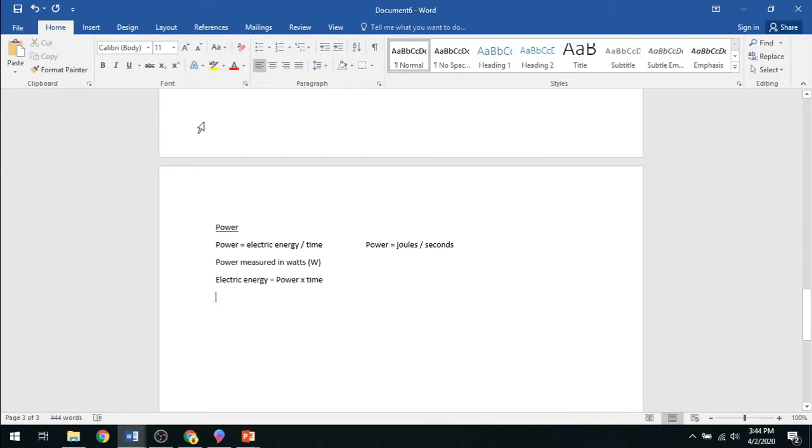Okay, so if you're dealing with the electric company, or also like big appliances and that sort of thing, they will use a different sort of unit, which is called a kilowatt hour. So 1 kilowatt hour, let's break down what this means. A kilo is 1,000.